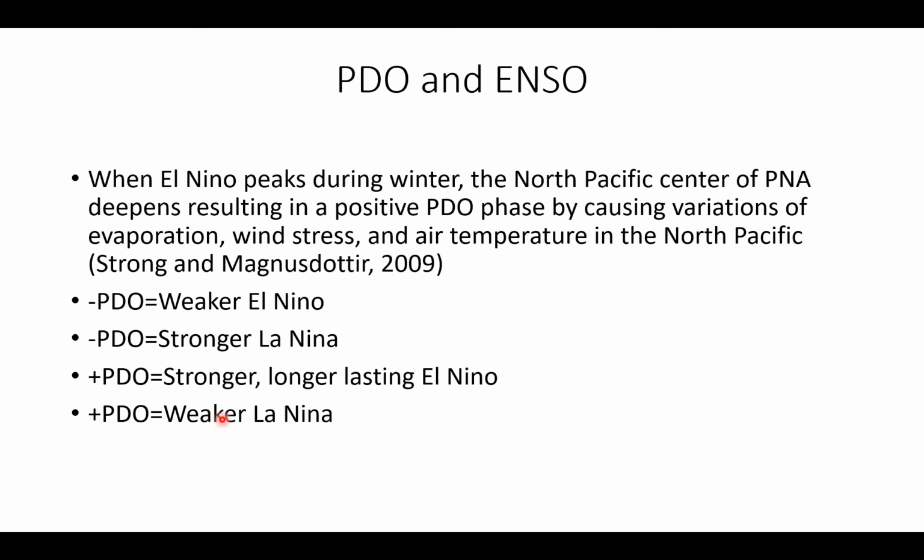So if I'm looking at these combinations and the ENSO forecast for the upcoming winter, I'm looking at a stronger El Nino, and it's associated with a positive PDO pattern. That should be interesting to follow.